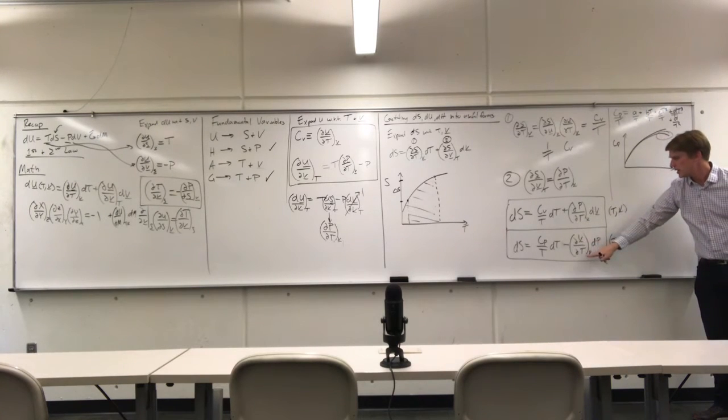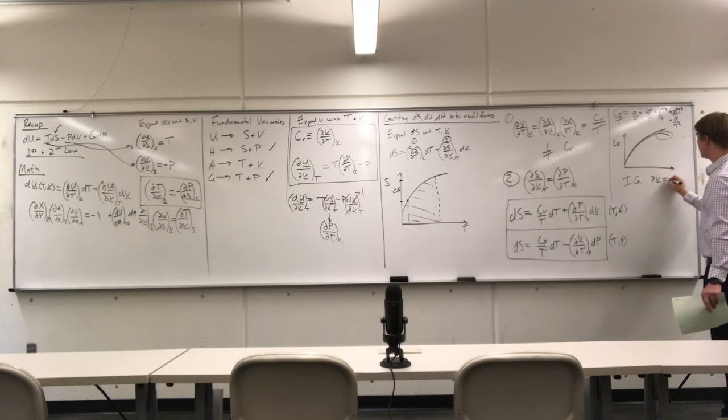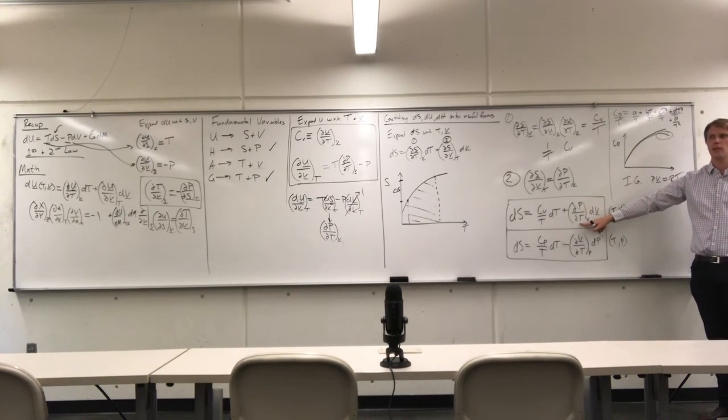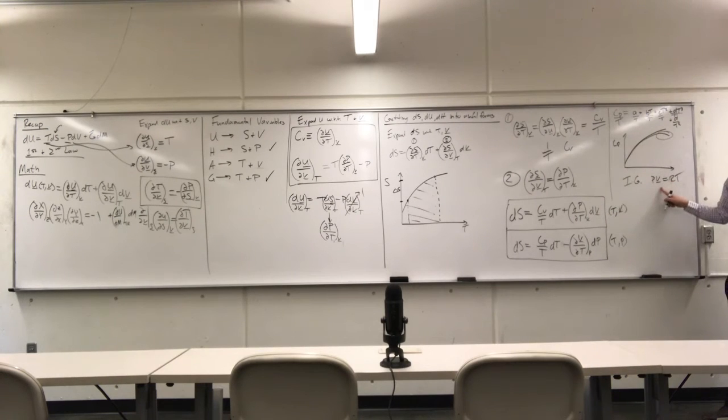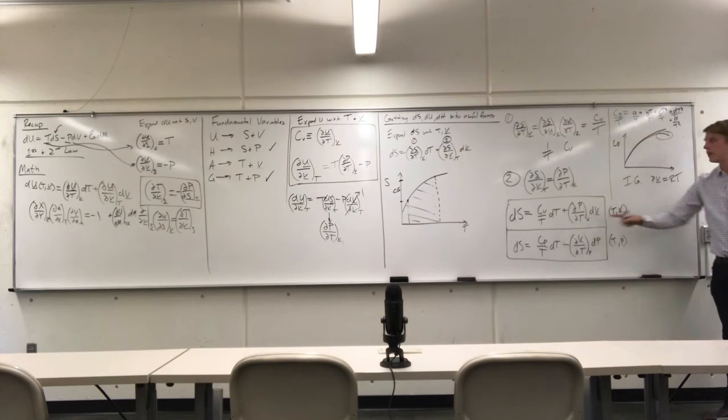Let's calculate this one here. For an ideal gas, PV equals RT, please calculate for me this expression based on this equation of state, the ideal gas law. Because I need to integrate this term, but I need something of how the fluid property behaves.